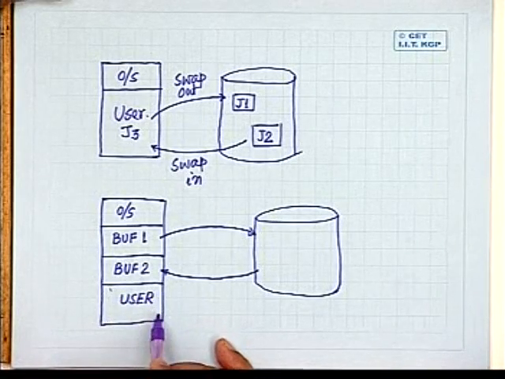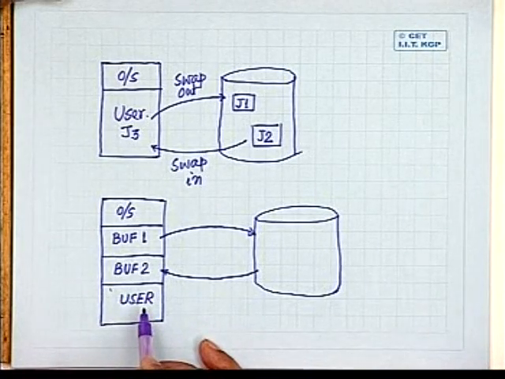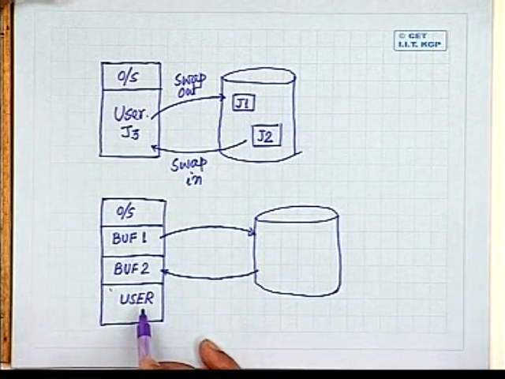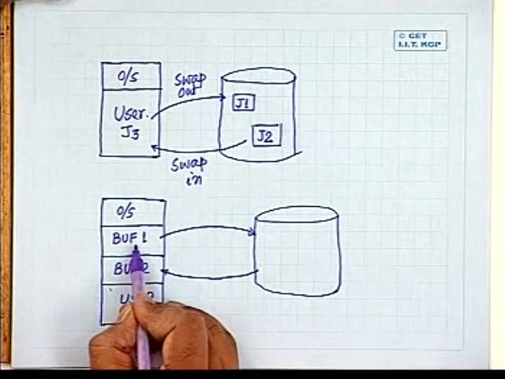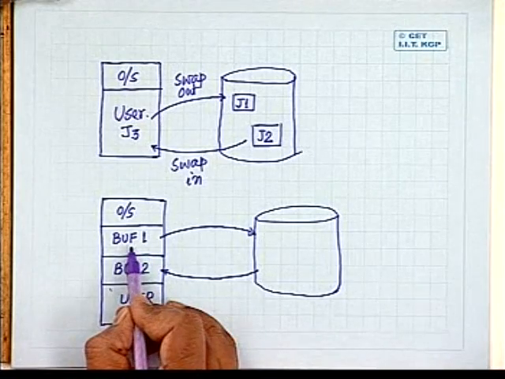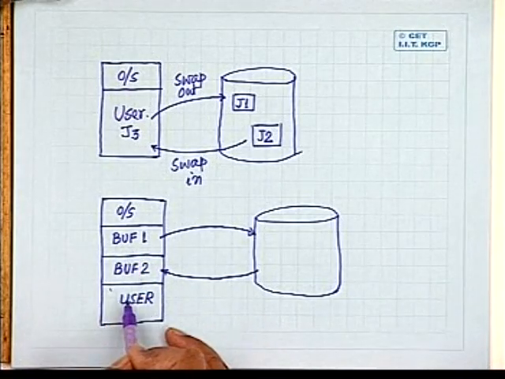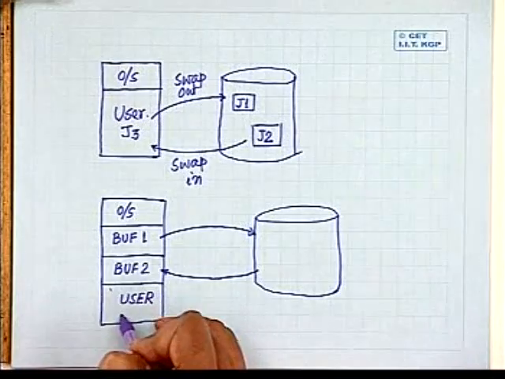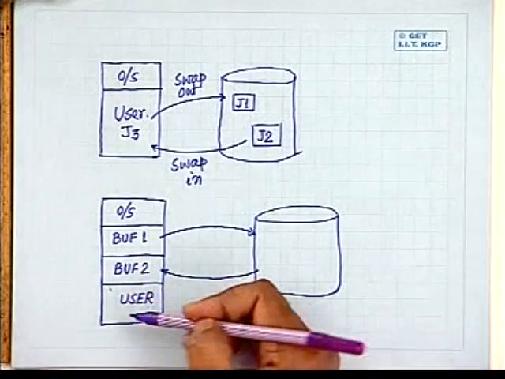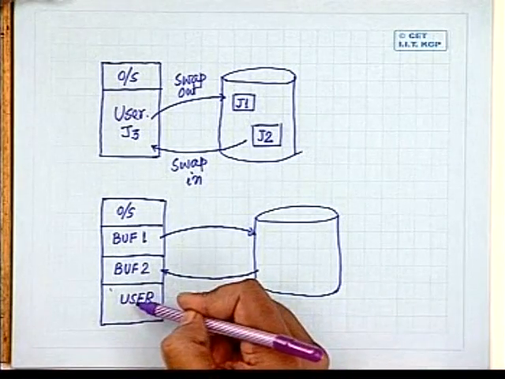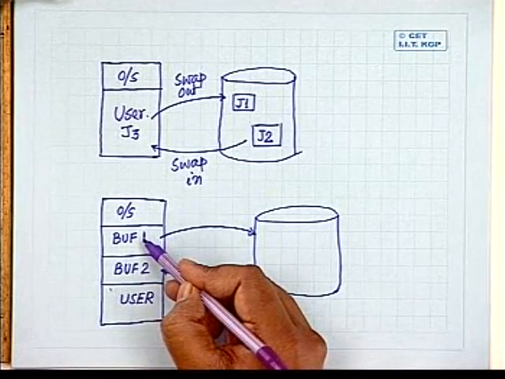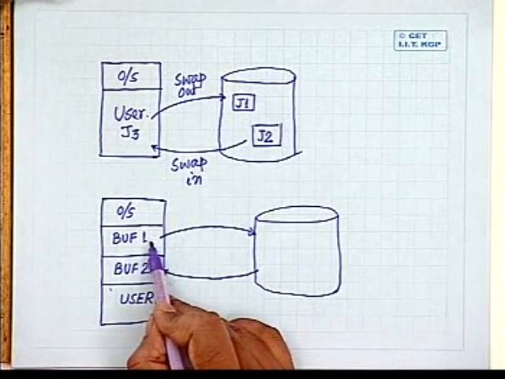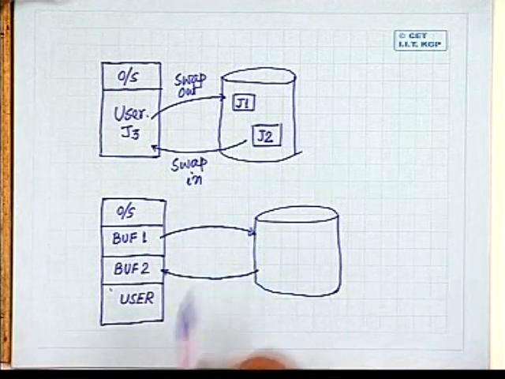So once this program is no more active, it completes its CPU burst, we have to move the program from this area into buffer area 1. Okay, and this being main memory to main memory transfer will be done very fast. The time required for transferring a block from this user area to buffer area 1 will be much less compared to the time required to swap out this buffer area 1 content.